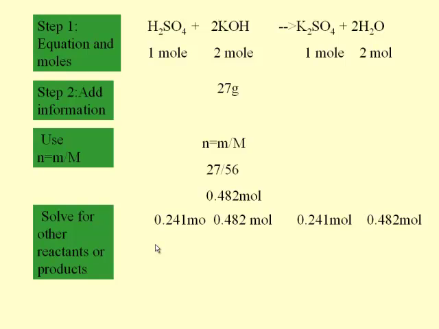But if you just went blindly through that and calculated the mass of sulfuric acid, the mass of potassium sulfate, the mass of water, that'd be all right, because in amongst that layout would be the answer to the question. But at this point, you do use your brains a little bit. You check out which quantity it is that you need to do the calculation of. You don't need to work out everything. And so the last step is solve for the other reactants and products. We know how many moles of potassium sulfate there are. We want to get the mass. There we go.